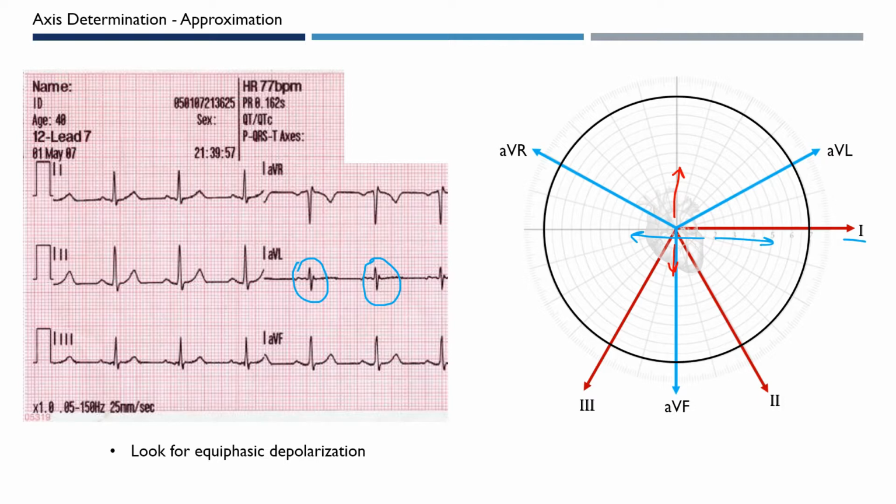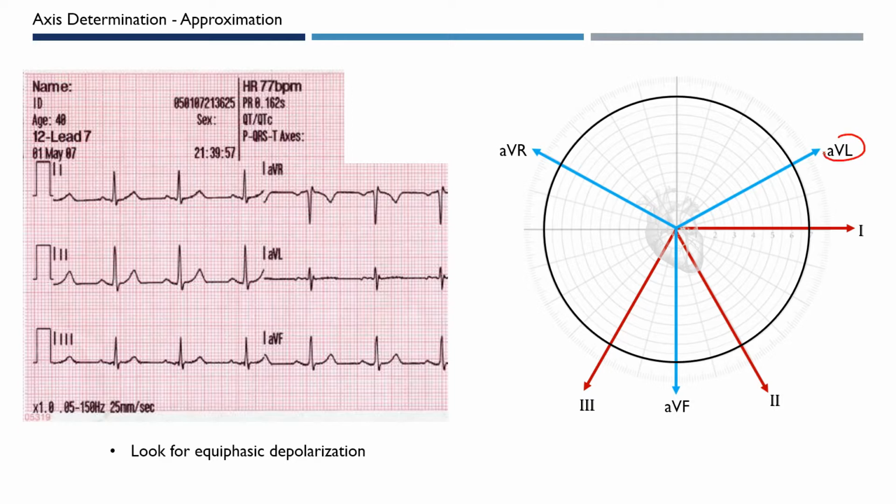This is important because any time that we have an EKG lead that has equiphasic depolarizations, this gives us the ability to say that the depolarization of the heart is perpendicular to the lead that's equiphasic. So in this particular EKG, the equiphasic lead is the AVL lead.